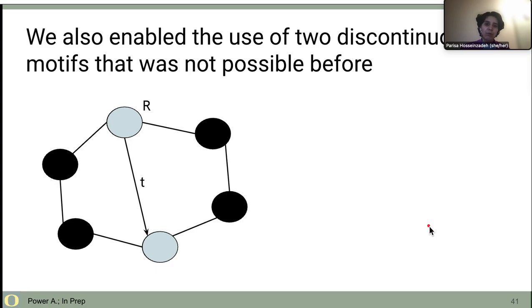We also tried to see if we can have two discontinuous motifs, which was not possible before. So imagine that R is the first one, and then through a vector of t, it generates the second residue. And we want these two residues to be always the same, whereas other residues can move.